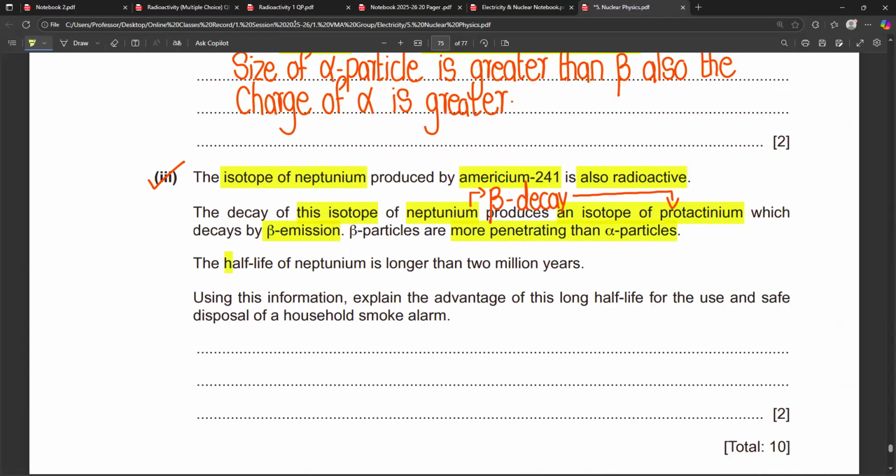The half-life of neptunium is longer than 2 million years. So using this information, explain the advantage of this long half-life for the use and safe disposal of a household smoke alarm.